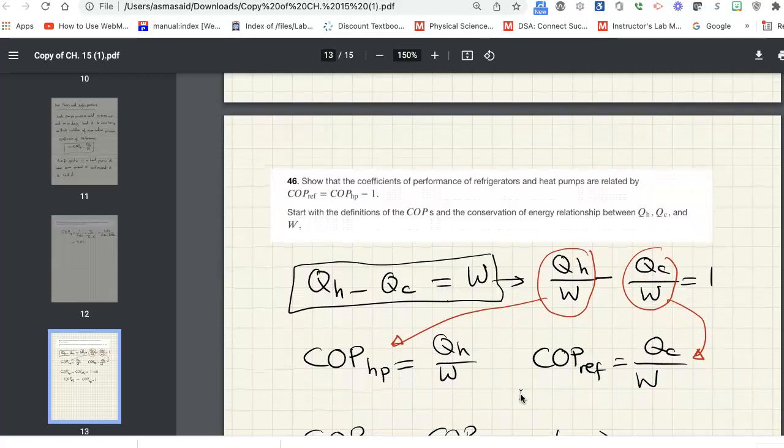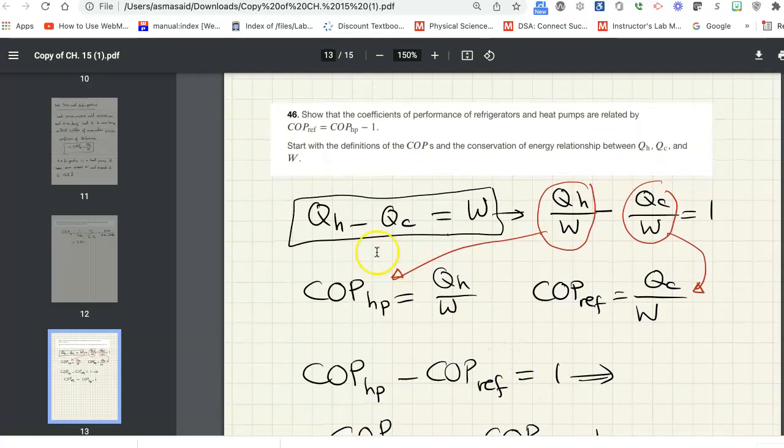Now, show that the coefficients of performance of refrigerators and heat pumps are related: the coefficient of performance of a refrigerator equals the coefficient of a heat pump minus 1. And we can actually start with the definition. Q hot minus QC equals W. And then we divide all the terms by W. Then it's going to be Q hot divided by W minus QC divided by W equals 1.